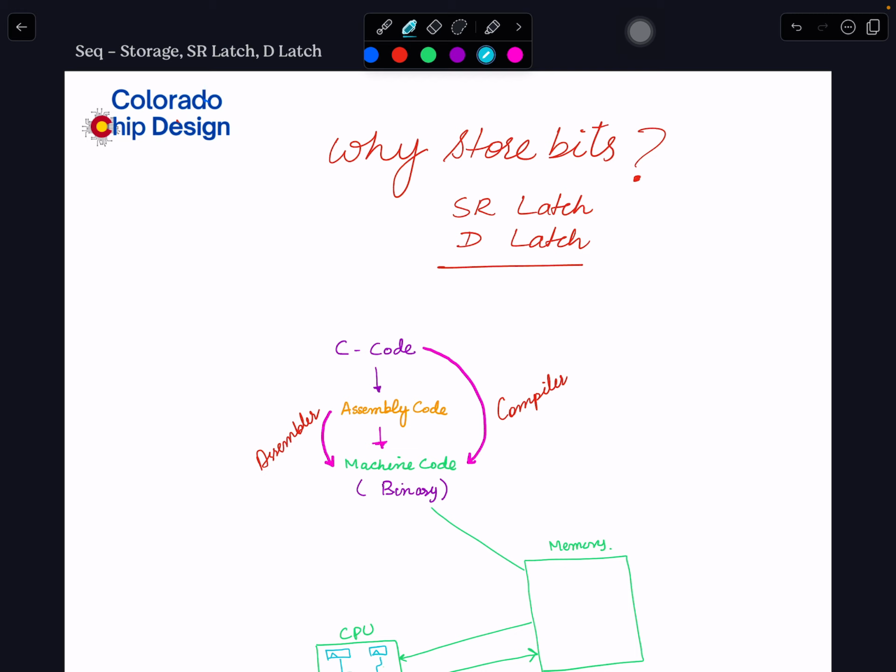Today we are going into a new topic that is sequential circuits. I don't know how many videos I did so far, probably 20 to 25 videos on the combinational circuit. So we are into logic design part. First we did combinational circuits, now we're going to do sequential circuits.